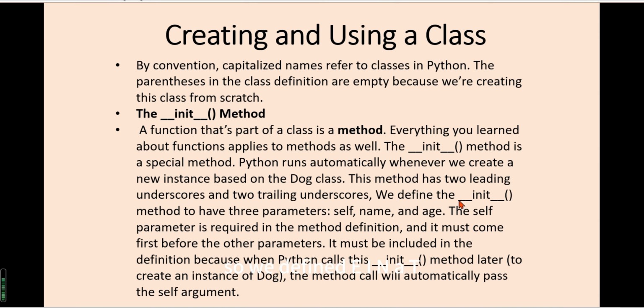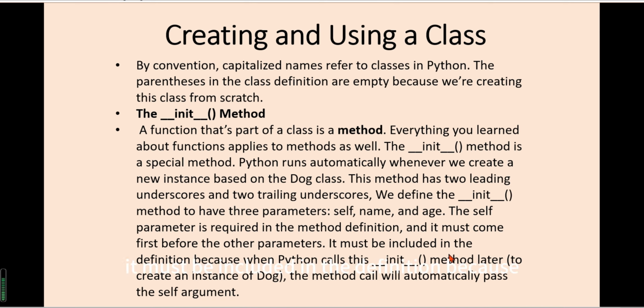We define the __init__ method to have three parameters: self, name, and age. The self parameter is required in the method definition, and it must come first before the other parameters.